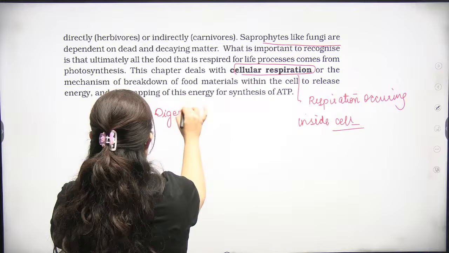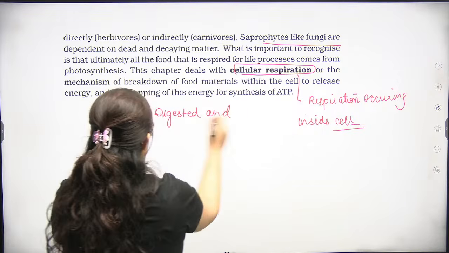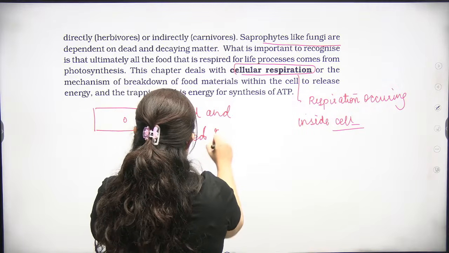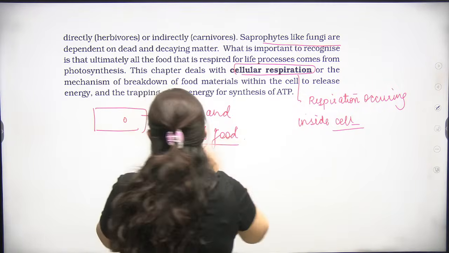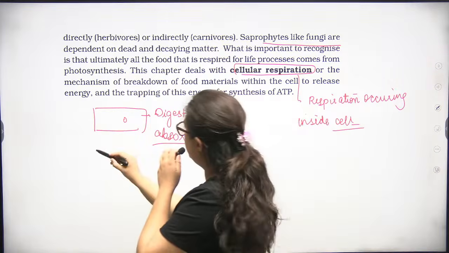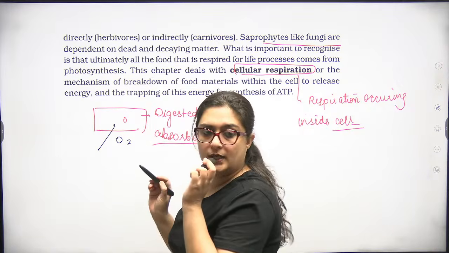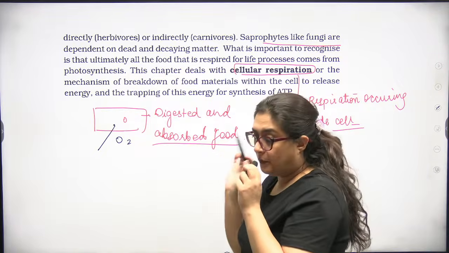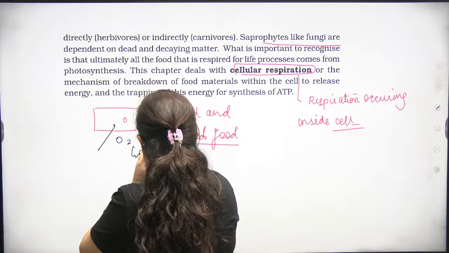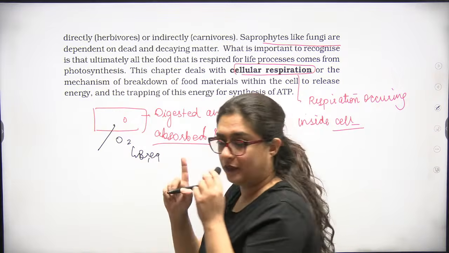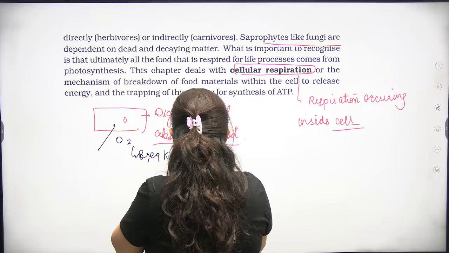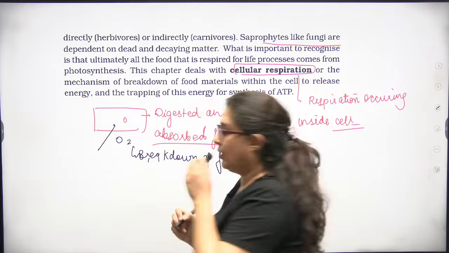After that, oxygen has entered, and this oxygen is breaking down that food to fetch energy. This is respiration, meaning utilization of oxygen by the cells of the body. Breakdown of food.